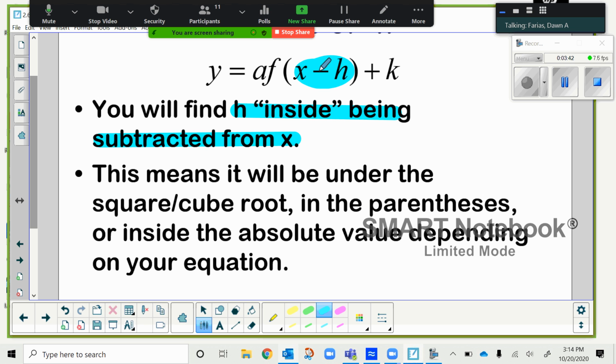Okay, and what we mean by inside is it's going to be inside parentheses or absolute value, or it's going to be inside the root if it's a square root or a cube root. It's always going to be attached right next to the x. It's going to be grouped with the x. And this is your horizontal shift left or right. So here's the next slide.